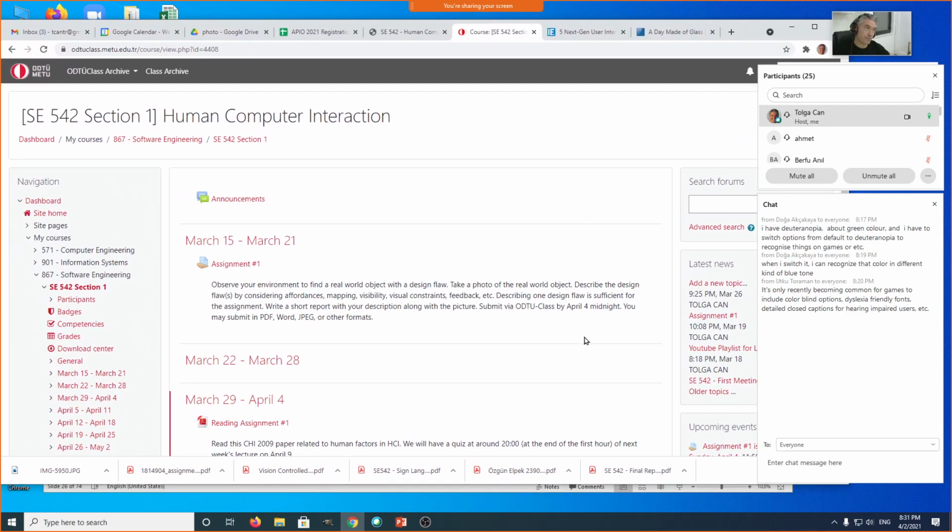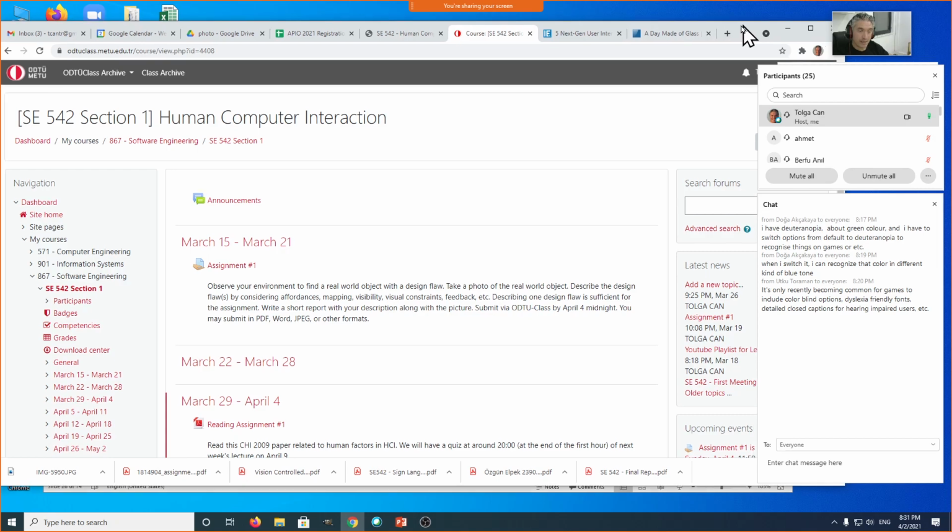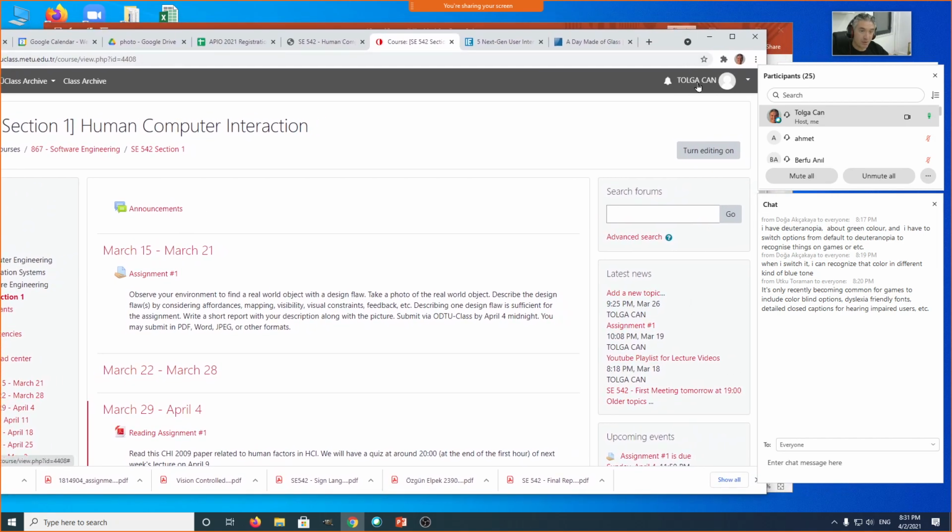This may be a usability problem if you consider the frequency of tasks. Take Oculus users, especially, for example, a teacher. Right now I'm logged in as a teacher, so Oculus knows my role. That's why this turn editing button is there.